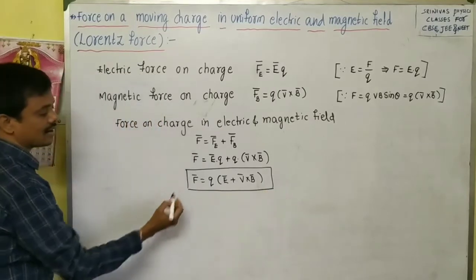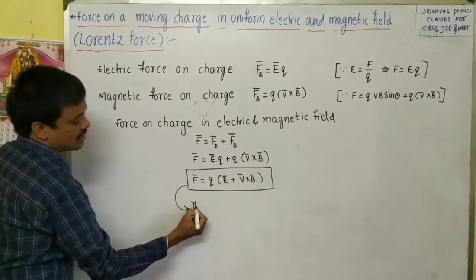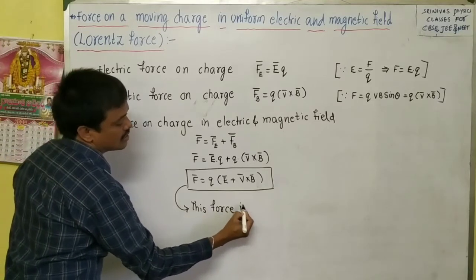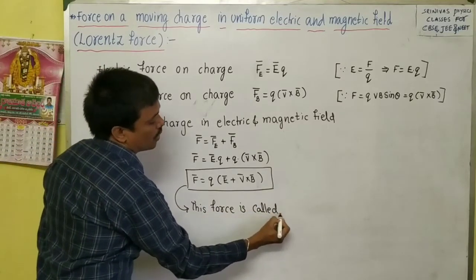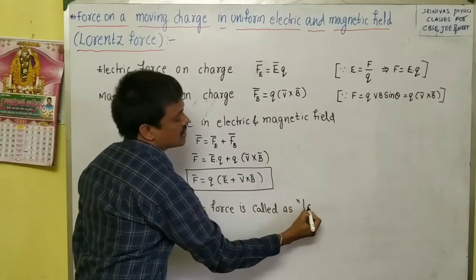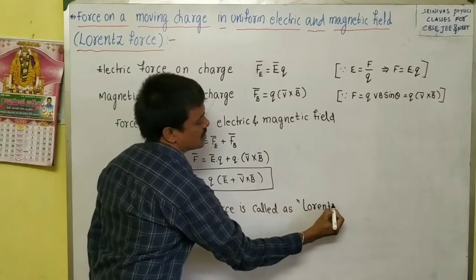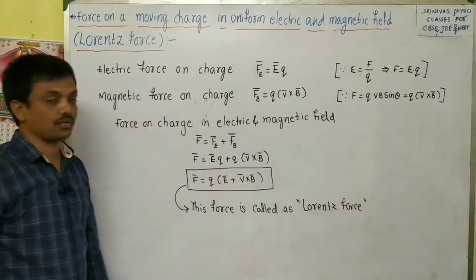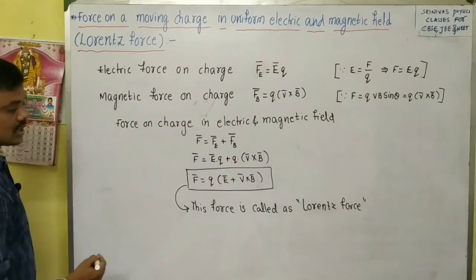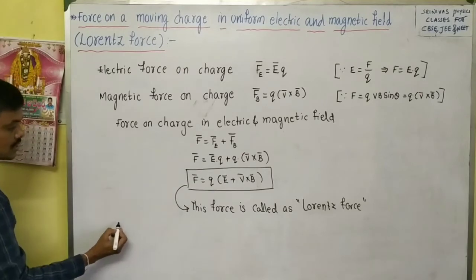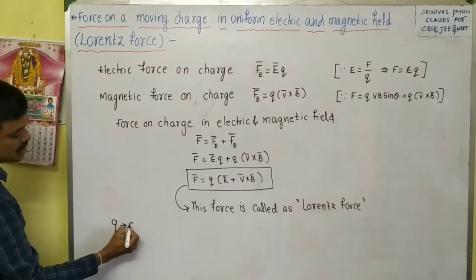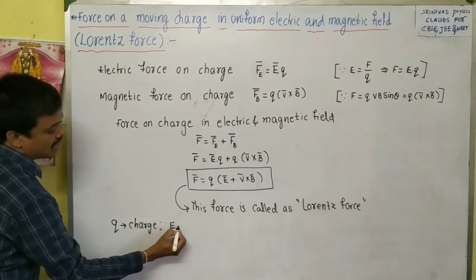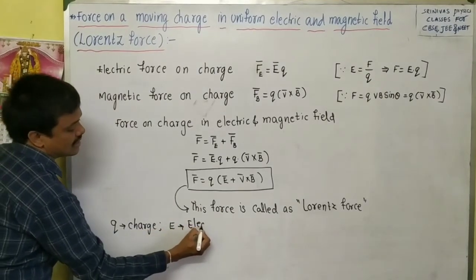This force is called the Lorentz force. This is the expression for the Lorentz force. What are the terms present in this? Q is the charge. E is the electric field intensity.